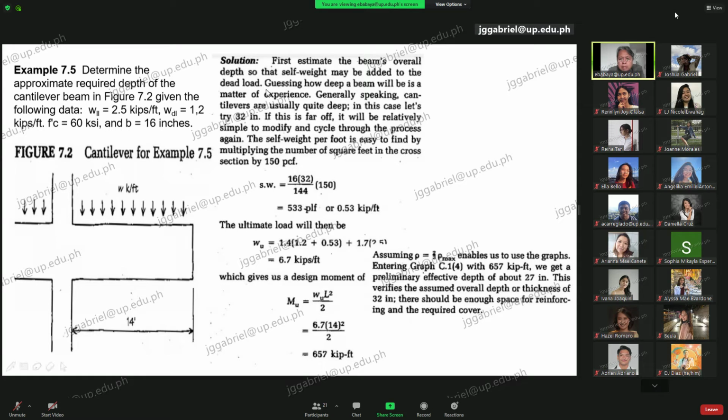It says here, guessing how deep a beam will be is a matter of experience. Generally speaking, cantilevers are usually quite deep. When we say deep, the depth is quite large, no? Compared to, let's say, continuous beam.